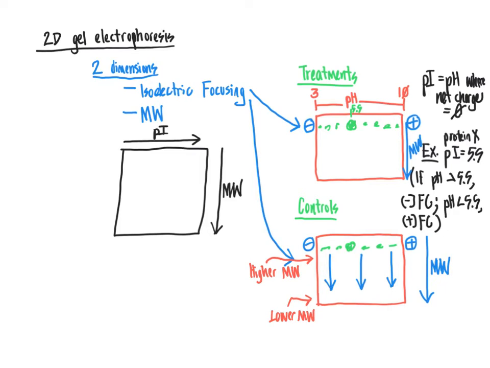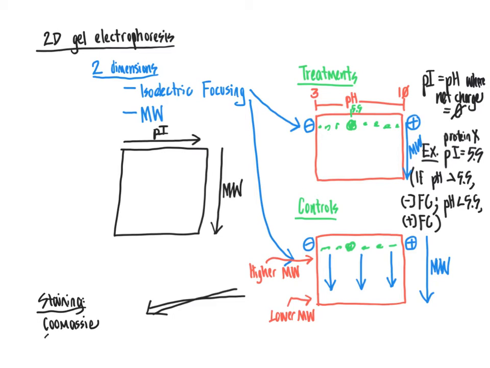And so once both of these gels, presumably with several replicates of treatment and several replicates of control, have been generated, the gels would generally be stained using some sort of typical staining technique that you quite possibly have talked about in some of your other biological chemistry classes. Some of those staining methods would include very commonly the Coomassie stain, which, if you have used it, causes the spots to turn out as kind of a purple color.